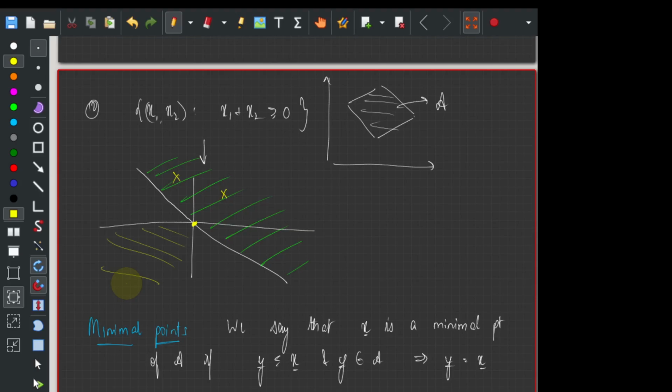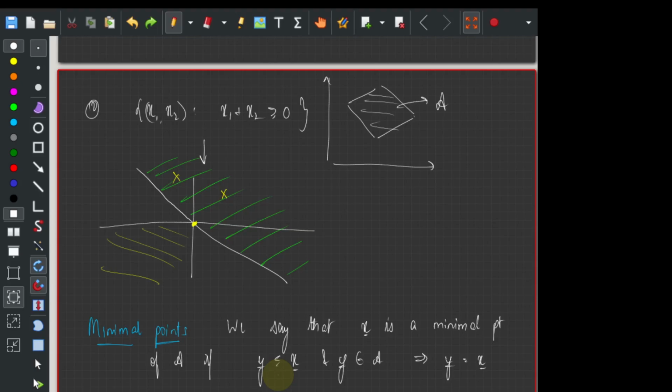All points along the line are basically minimal points, right? Yes. Minimal points should lie in the set. So for a minimal point, if y is less than or equal to x and y belongs to A, then y is equal to x. So that automatically implies y equal to x.